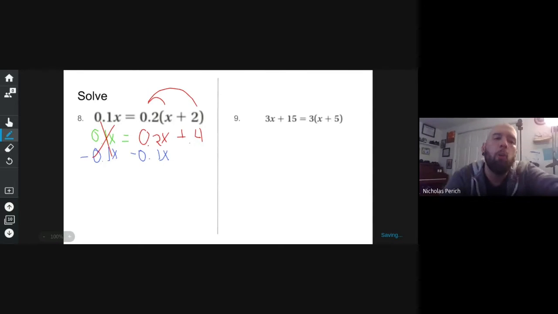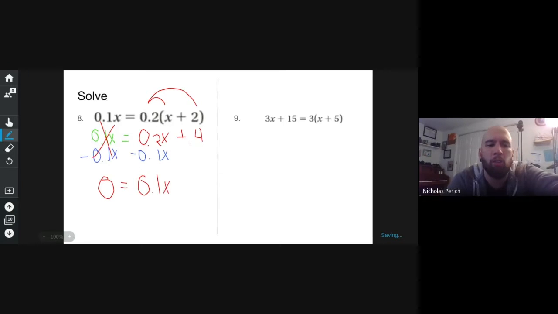Okay, 0.1x minus 0.1x becomes 0. On the right side, I have 0.2x minus 0.1x, which gives me 0.1x. It's just like saying 2 minus 1. And I still have plus 4.